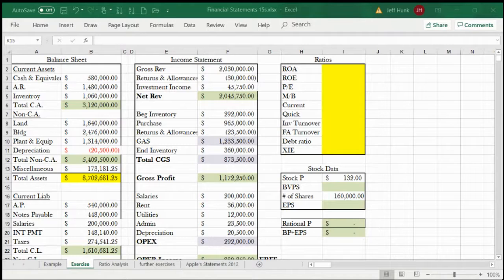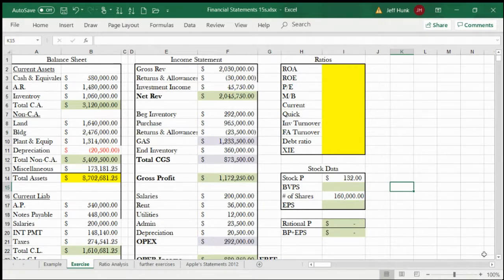Now we're actually going to look into the balance sheet and income statements and find the ratios for that particular balance sheet and income statement. I hope you're all able to see this example. We have a balance sheet and income statement.